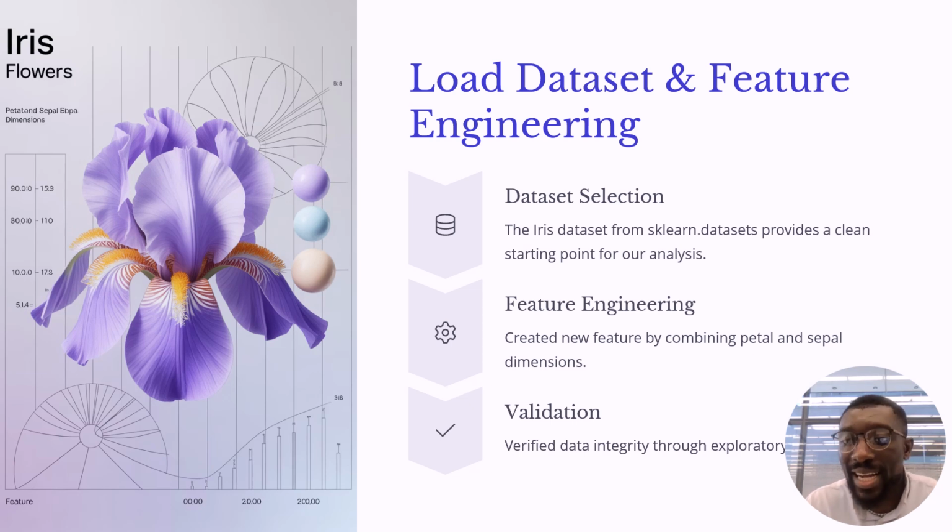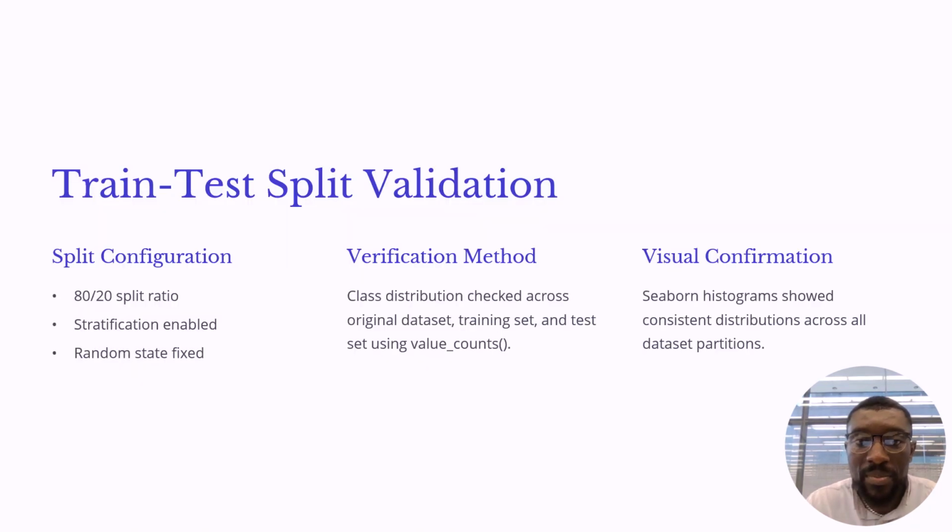We're going to create a new feature by combining the petal and sepal dimensions, and then validate the data integrity through exploratory analysis. In a nutshell, we're just trying to see if our combination into a new variable impacts the data.